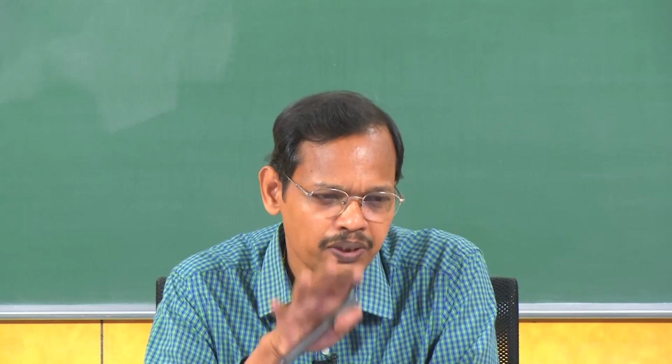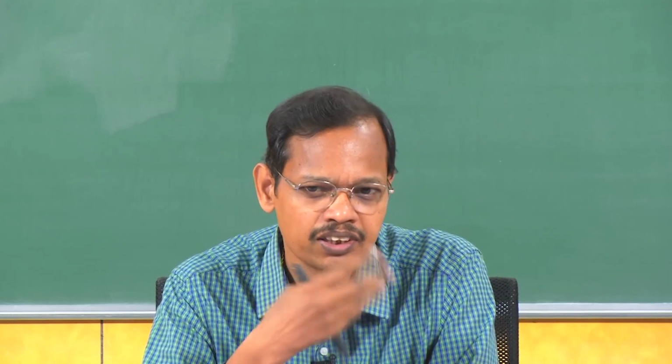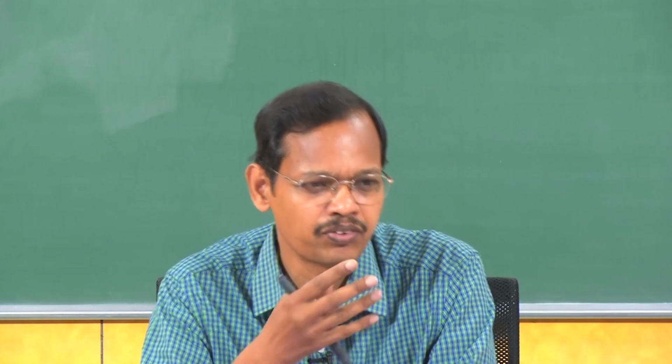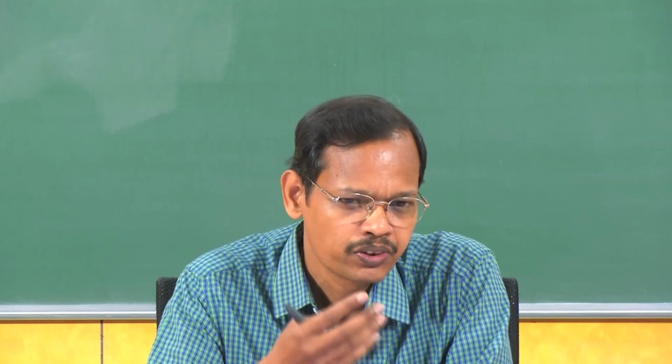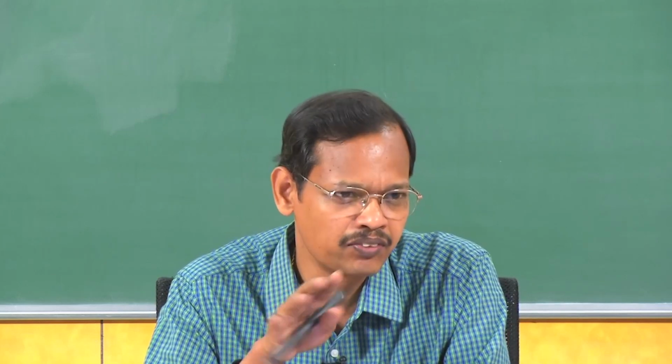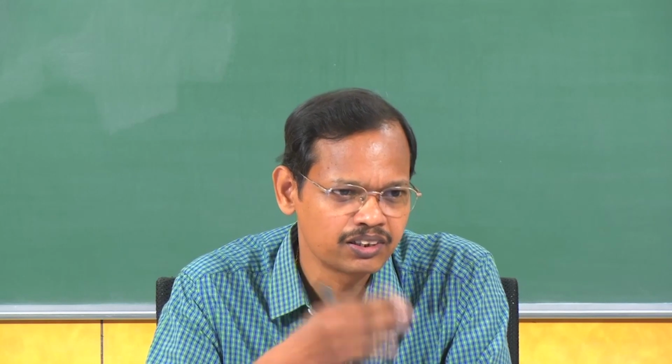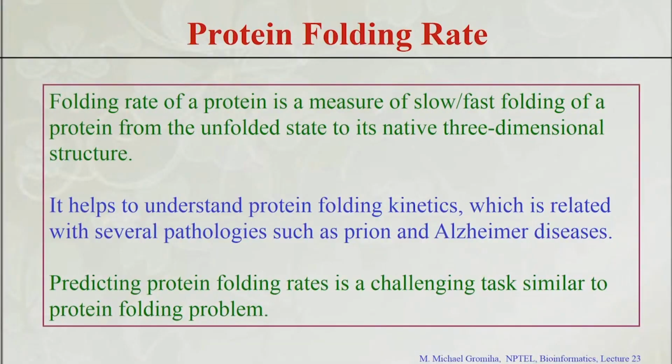If you predict with the sequence, we derive several rules from the known information regarding the mutated residue as well as the neighboring residues. We derived a set of rules, then we use the rules for predicting whether the mutation is stabilizing or destabilizing. So, we discussed structure prediction from the unfolded state to the folded state, and then we discussed stability. Today we will deal with the folding rate.